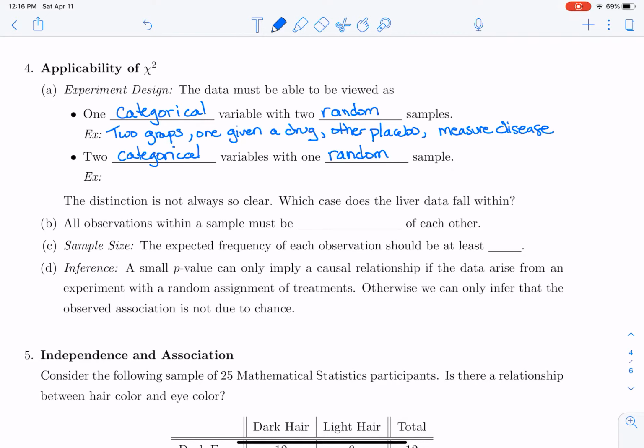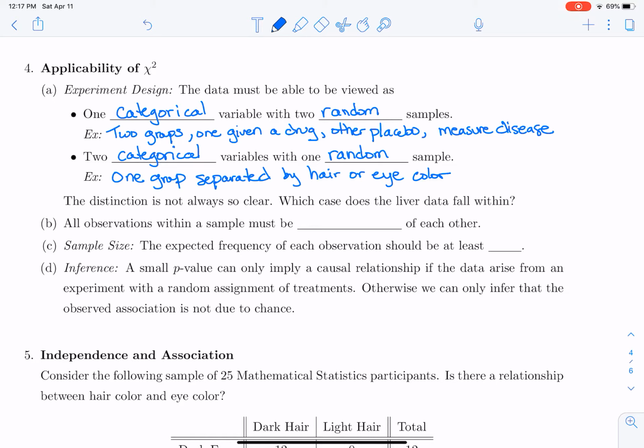An example of this is you can have one giant group, and then separate them by two different categories, say by hair or eye color. We have those who have a dark hair color and a light hair color, and those who have a dark eye color and a light eye color. And that can be a 2x2 contingency table.